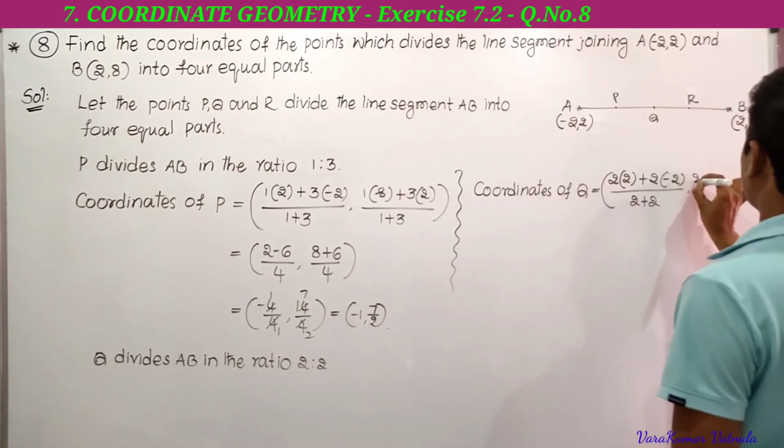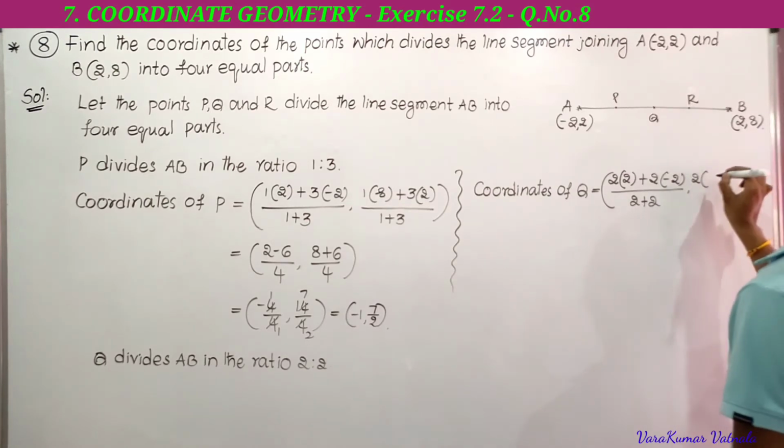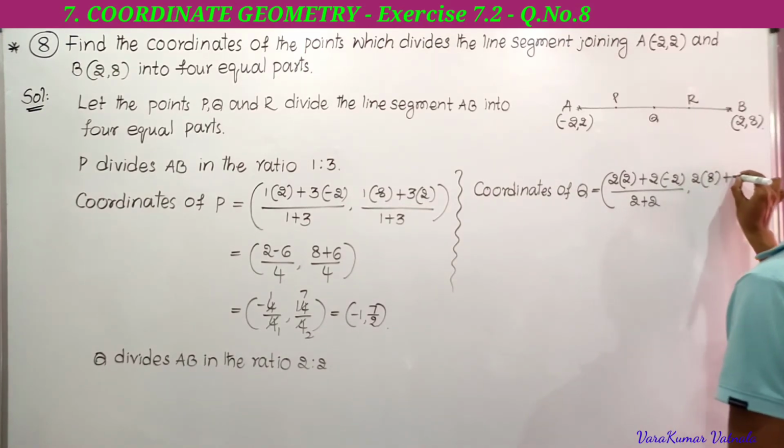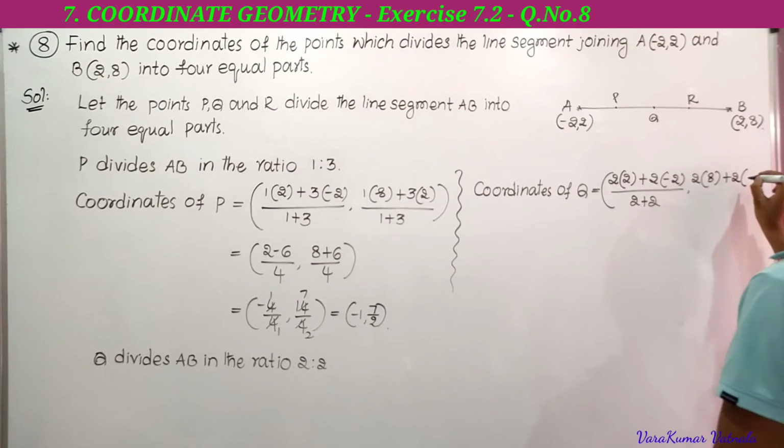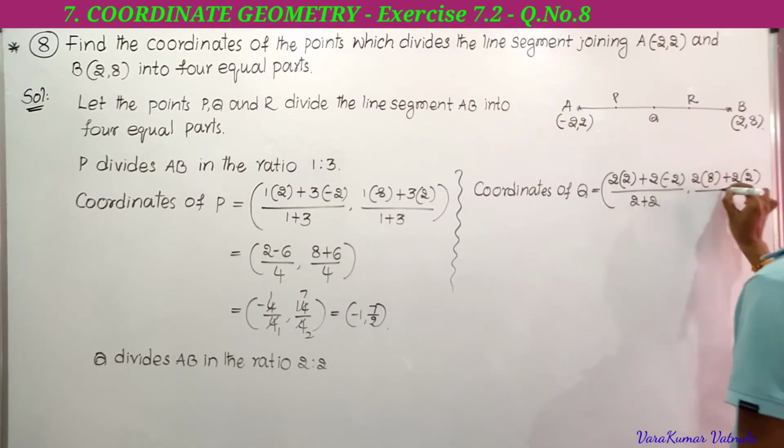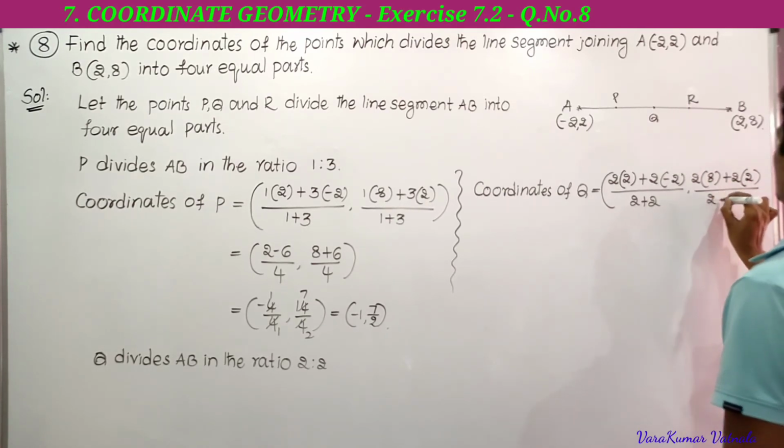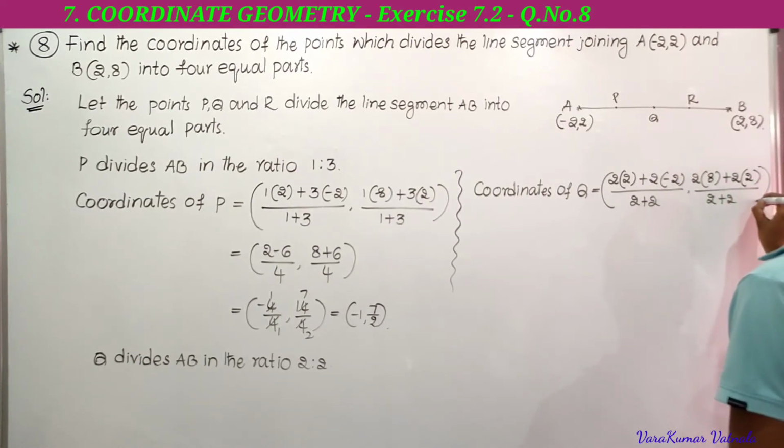Next, m1 y2, m1 is 2, y2 is 8, plus m2 is 2, y1 is also 2, by m1 plus m2, it is 2 plus 2.